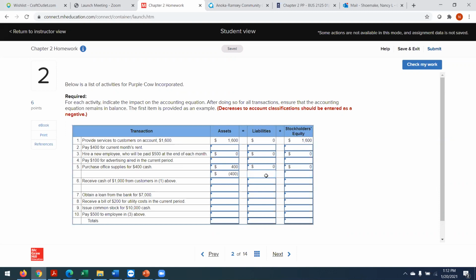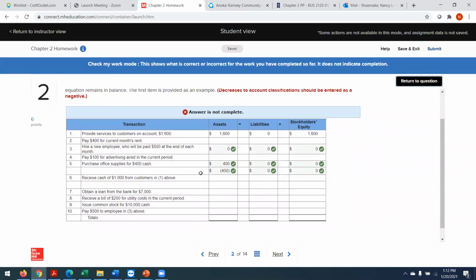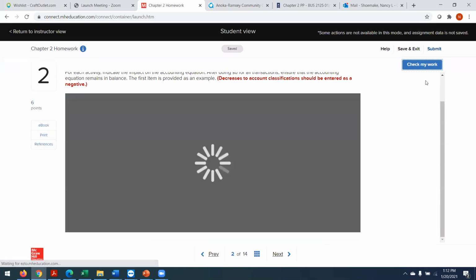Because they're both assets, you see how they gave you 2 rows? I'm sharing this so you know how to handle this and number 6. When they give you 2 rows, it's for a reason. Does that make sense? One asset increased, another one decreased. Okay?